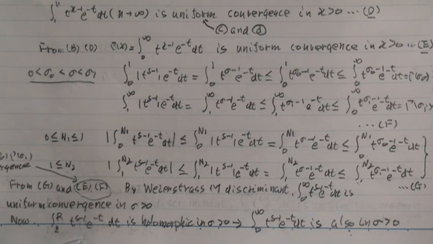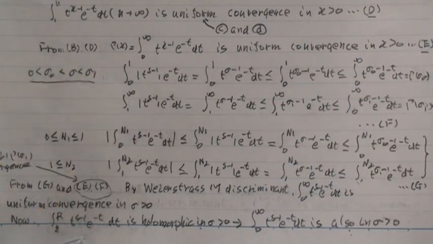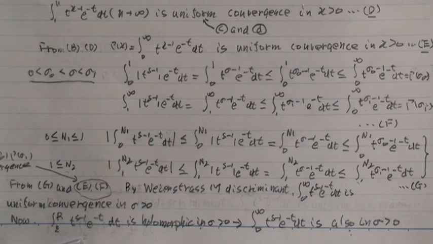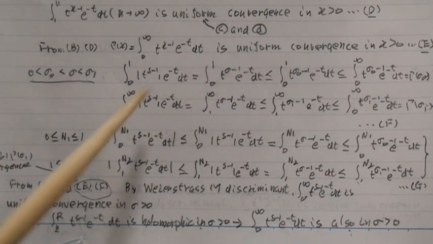And with σ₀ and σ₁, this is point E. The integral from 0 to 1 of |t^(s−1) e^(−t)| dt, with s = σ + iτ, equals the integral from 0 to 1 of t^(σ−1) e^(−t) dt.